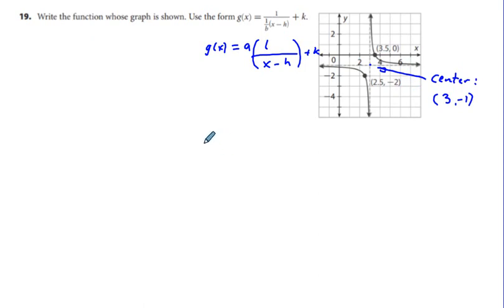So what that means is I'm going to start out with g of x equals, I don't have what a is yet, so I'm just going to write a here. We're going to have 1 over x minus h, which is going to be x minus 3. And we're going to add to that -1.